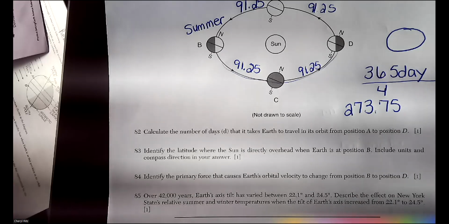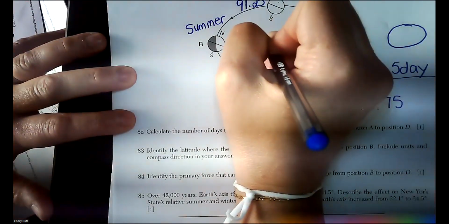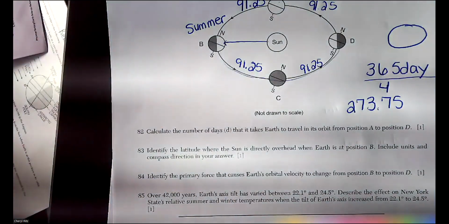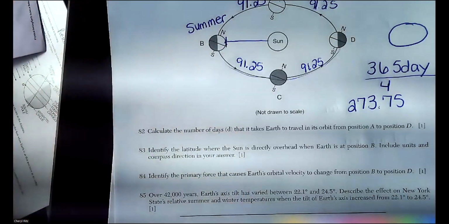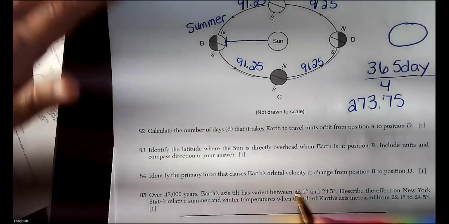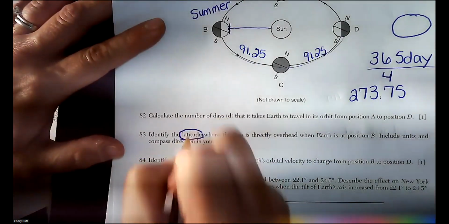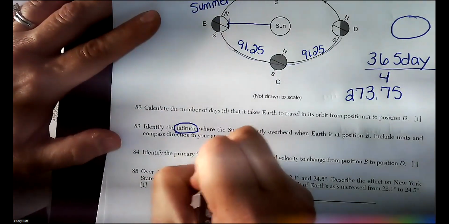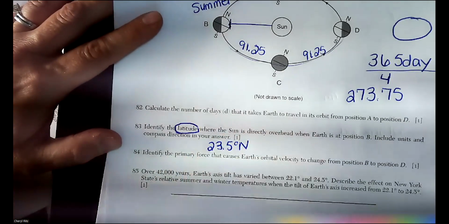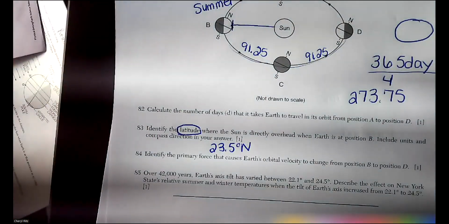And then you can either figure out that the direct rays of the sun are hitting right there, so that's where that 90-degree angle is, or you can memorize that it's at the Tropic of Cancer. But when it says what's the latitude, they want a number. That's 23.5 degrees north.